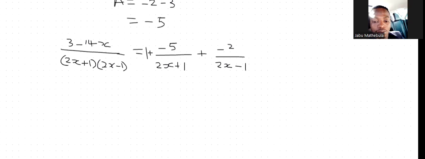All right, let's rewrite this and simplify it further. Let's say 1 plus, but this is a negative, right? So let's say 1 minus 5 over 2x plus 1. And then this is a minus as well. Minus 2 over 2x minus 1.